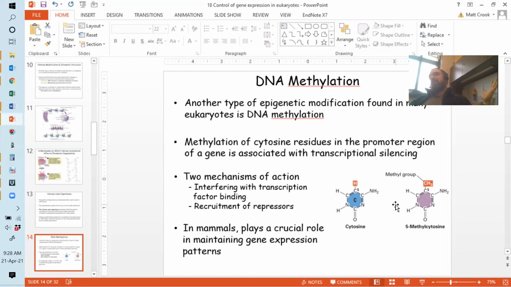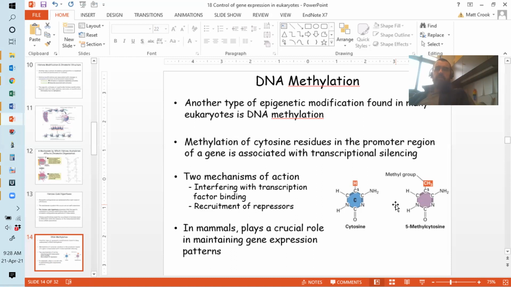And so even though the DNA might be available, right? So it's euchromatin, it's not tightly bound to the histones, it doesn't matter because the transcriptional machinery is not going to recognize it. And also these methylated cytosines are now recognized by other proteins which act to repress transcription. Even though the sequence hasn't changed, how that sequence appears to proteins does change.